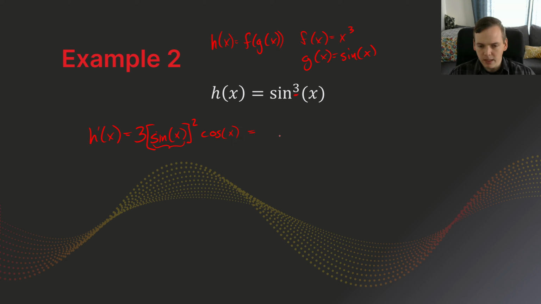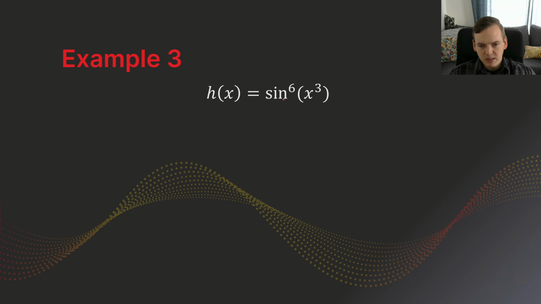So if I want to write that a little bit cleaner, that's going to be 3 sine squared x cosine of x. So that's the derivative there. And we'll do one more example.